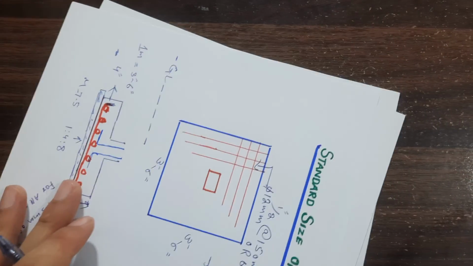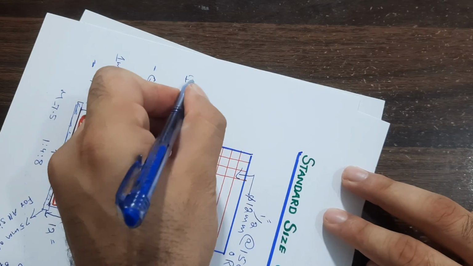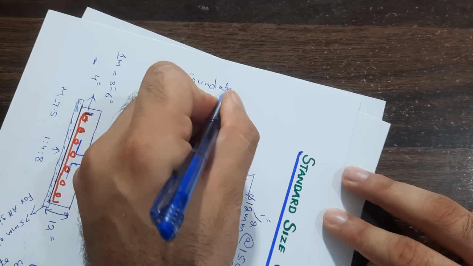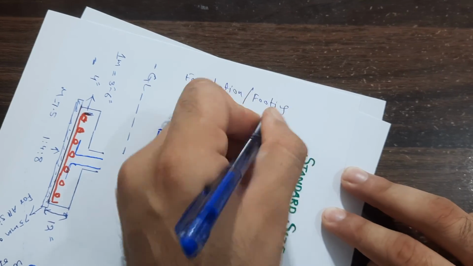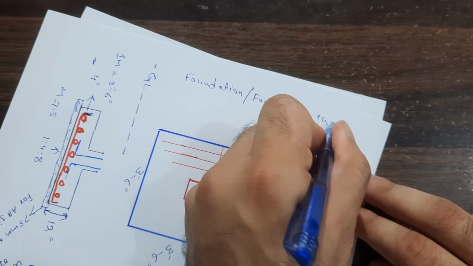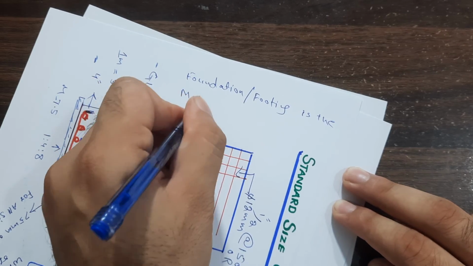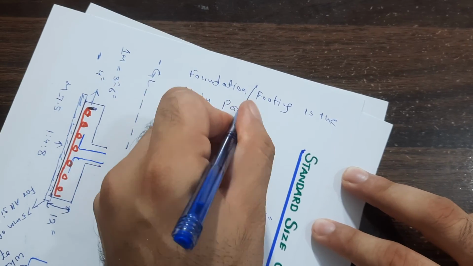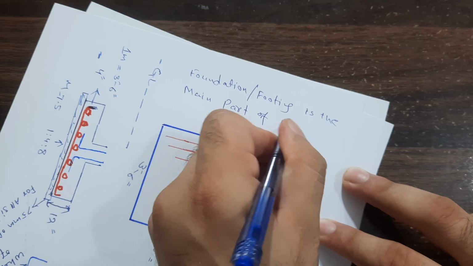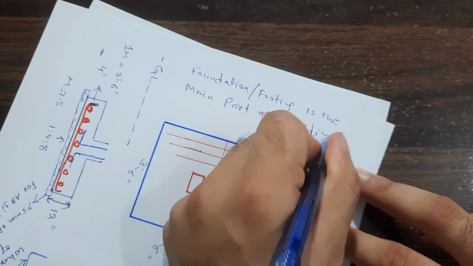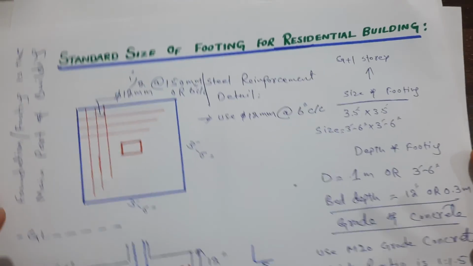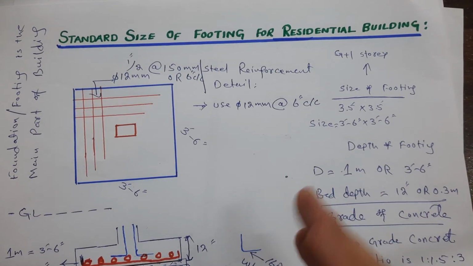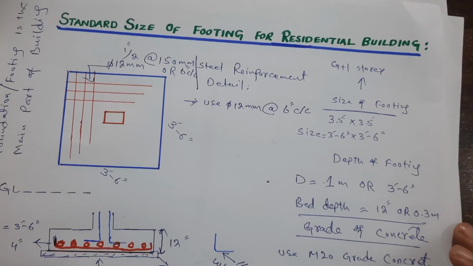A foundation or footing is the main part of building, if that is a residential building or commercial building. So if the foundation is weak, it means you are spending a lot of money on the superstructure for nothing.